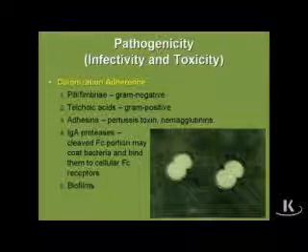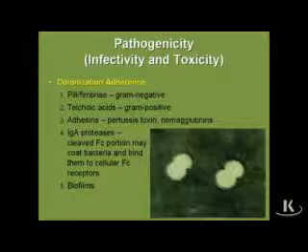Some of the other adherence markers you see on here: teichoic acids are basically pili that are found in gram-positive organisms, okay? So you definitely want to be careful there. If you're asked a question about an important attachment virulence factor in a gram-positive organism, it's not going to be pili, it's going to be a teichoic acid, all right?